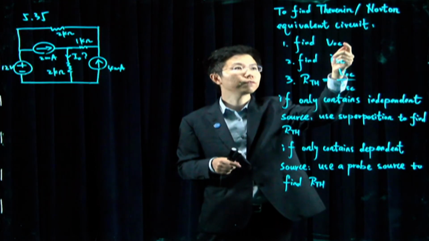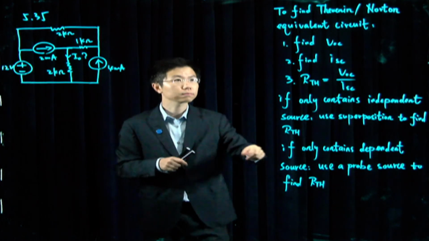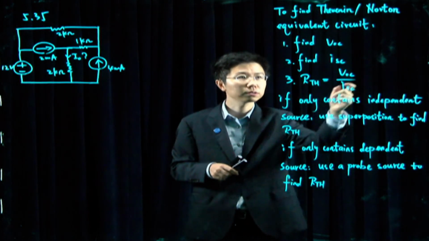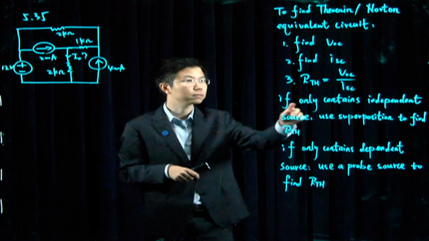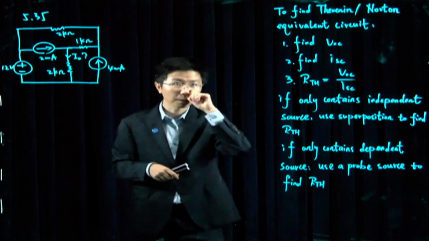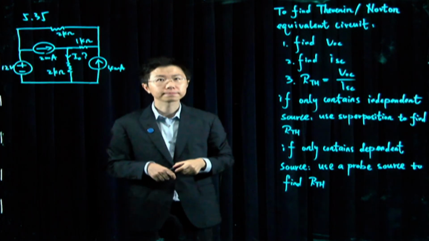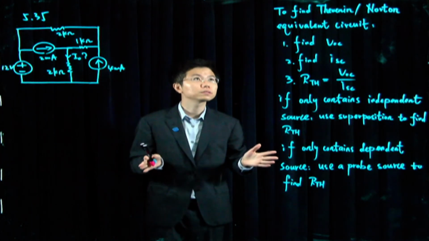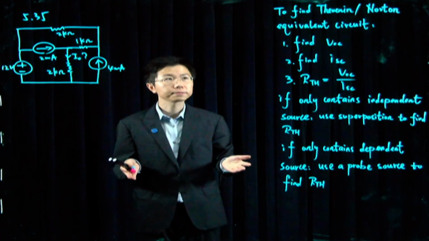After you find VOC and ISC, the Thevenin equivalent resistance, RTH, equals their division. This looks like just applying Ohm's law, but the textbook actually specifies how you can derive this. So that's the general procedure for finding either Thevenin or Norton equivalent circuits.